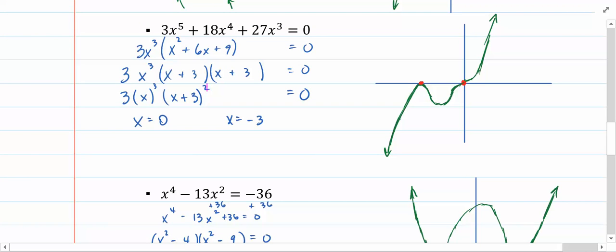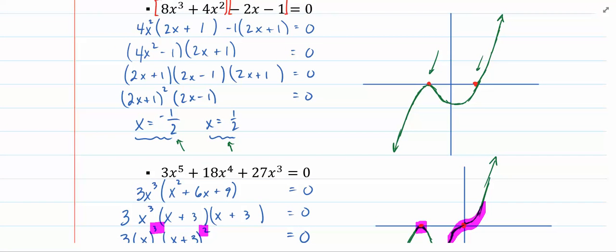In this case, we had x plus 3 with an even multiplicity and x with an odd multiplicity, and that's what produced our shape like this. With the odd multiplicity of 3, the graph crossed the axis. With an even multiplicity of 2, the graph just touched the x-axis.